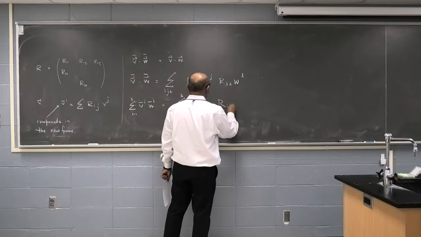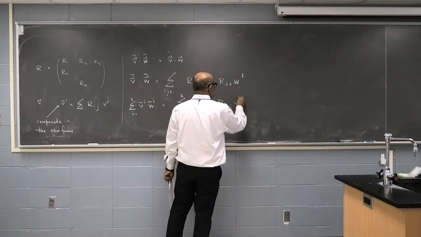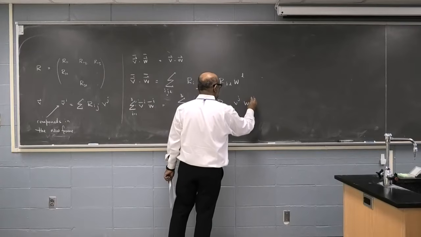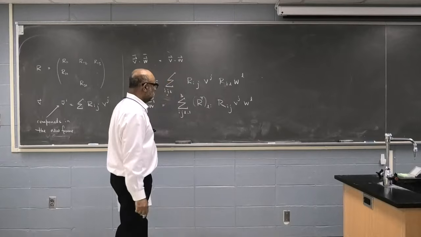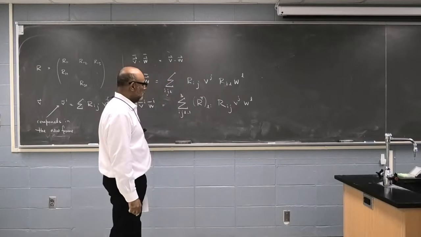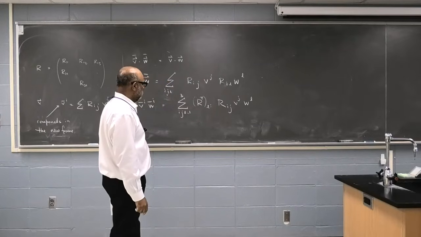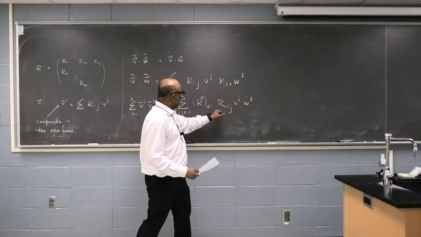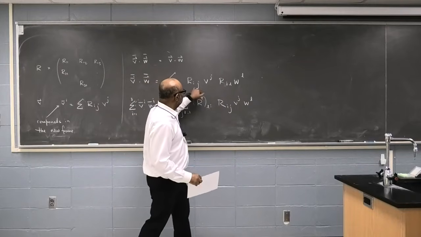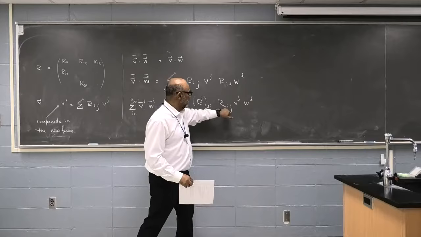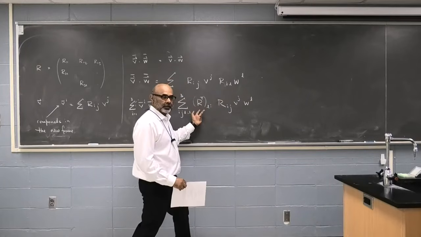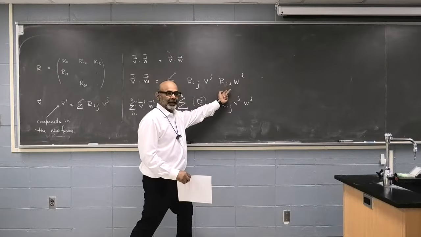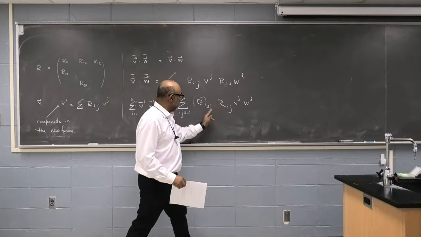Is that considered matrix multiplication? So this one I just copied. These three I just copied. This one I transposed, but then I transposed it again. So R_li became R_il.